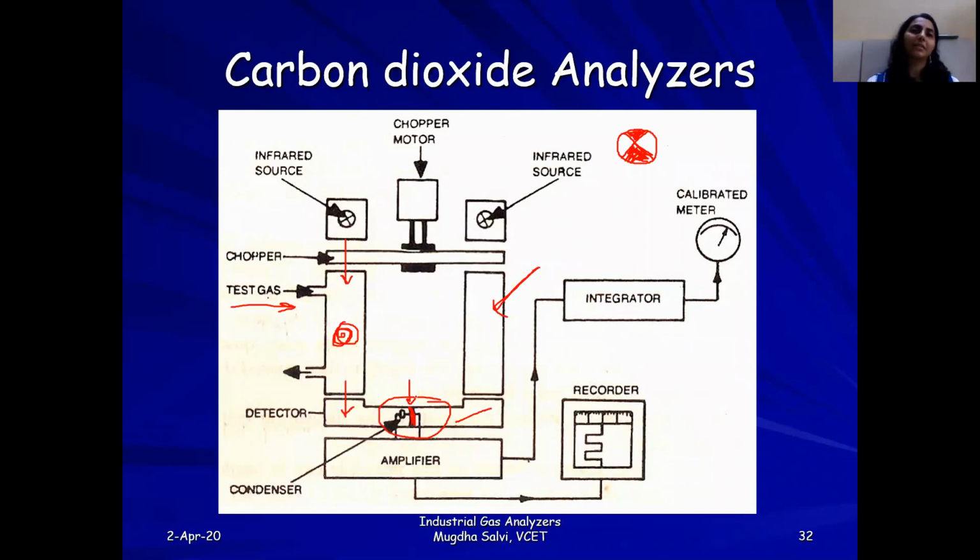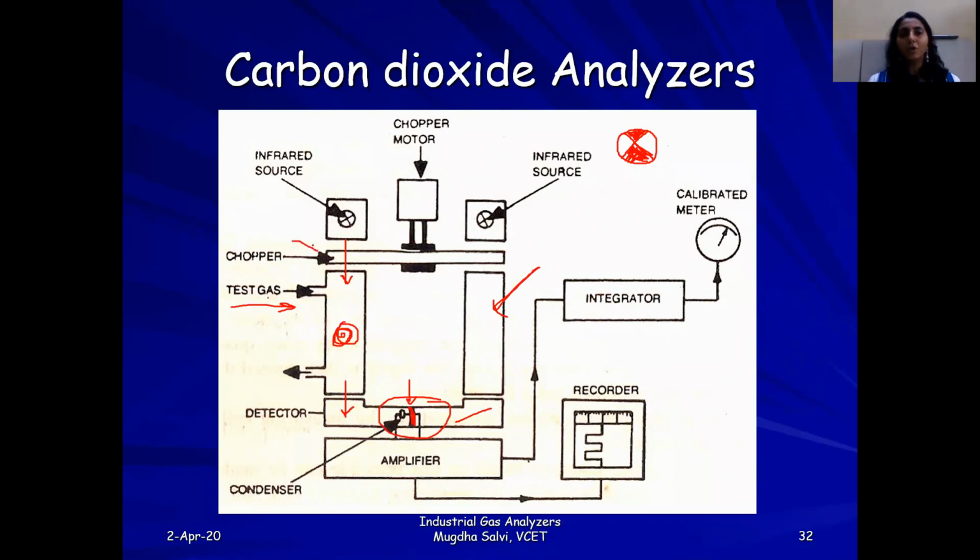This change in capacitance is converted into the measurement of carbon dioxide. If there is more carbon dioxide in the sample, very little radiation will reach the detector cell, hence there will be very low pressure here and therefore movement in the diaphragm.